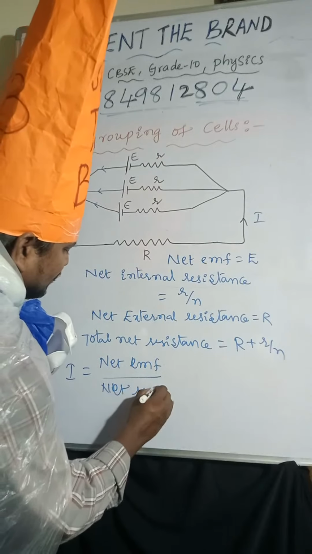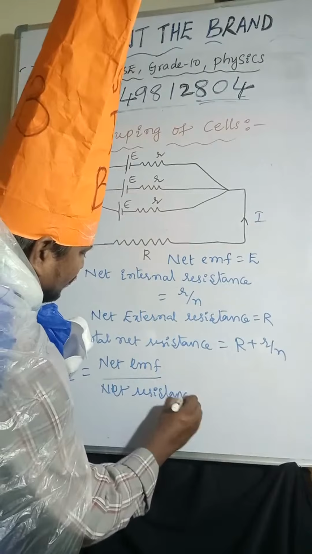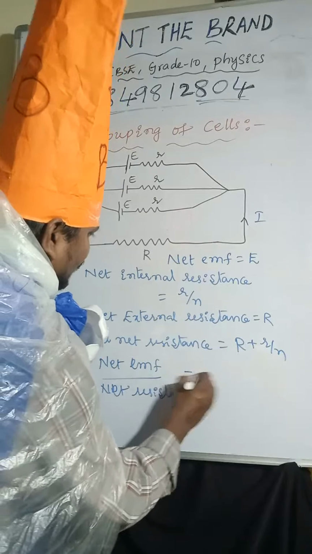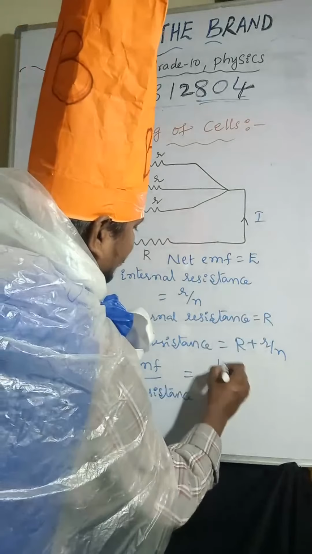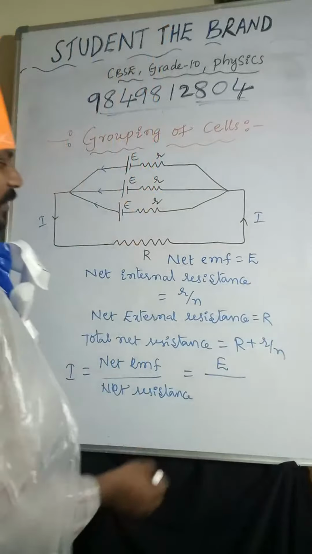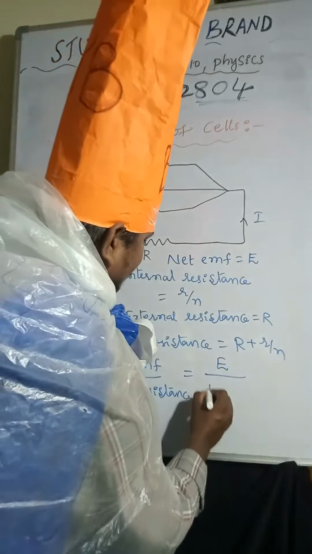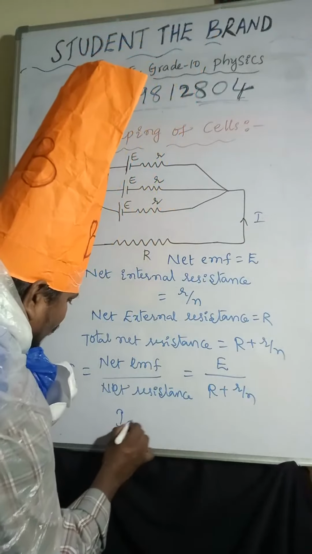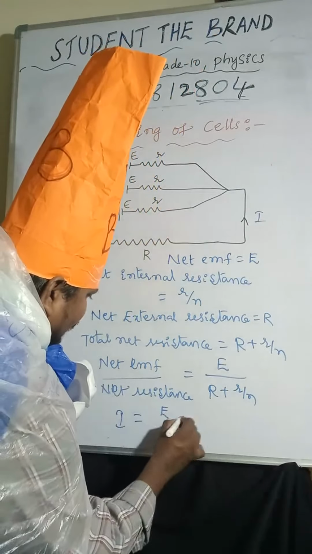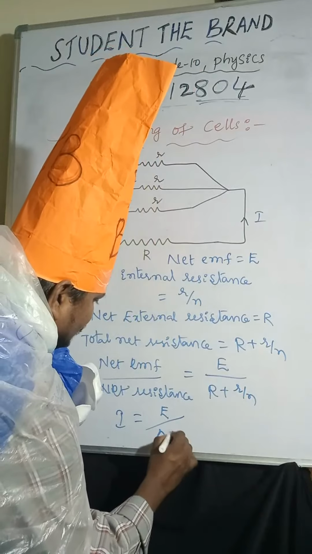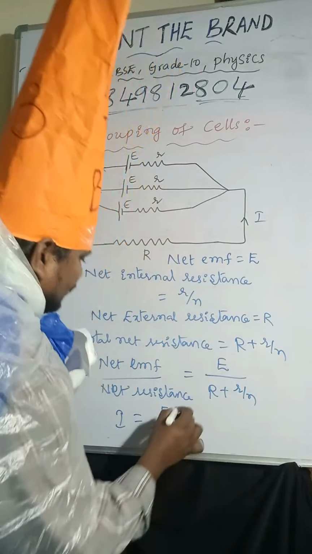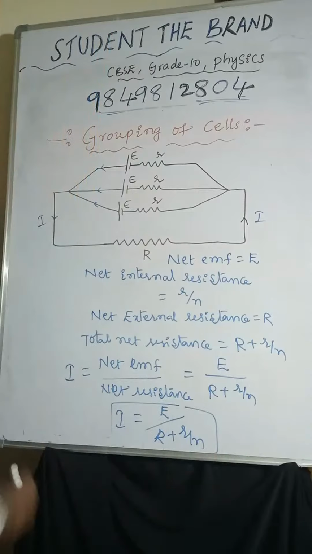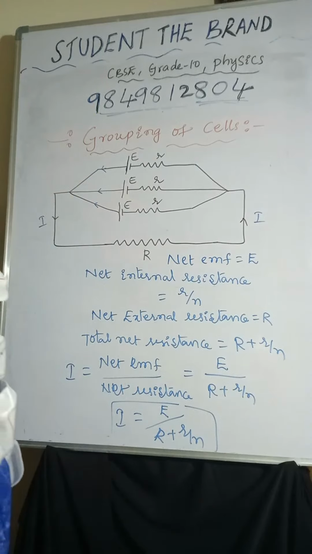Net EMF is E, and net resistance is R plus r by n. So I equals E by R plus r by n. So this is the answer. I hope it is very clear.